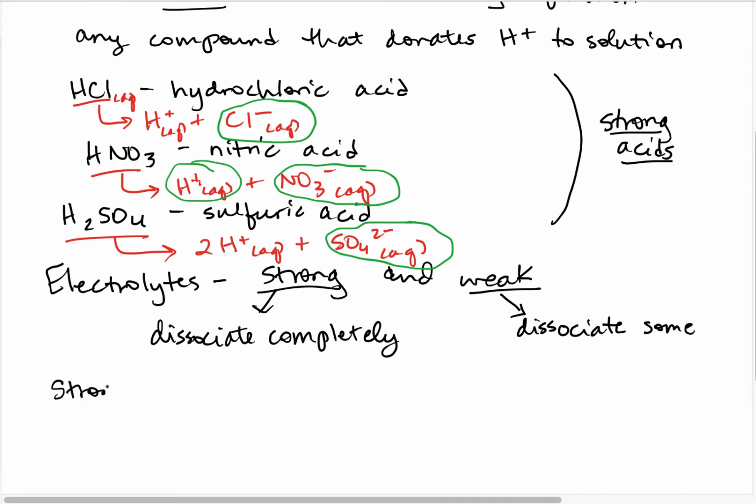So the main strong acids, there's some argument about whether there's 6 or 7, but we'll just go with 6. We have hydrochloric acid, hydrobromic acid, and hydroiodic acid. So these are all H plus with a halogen.